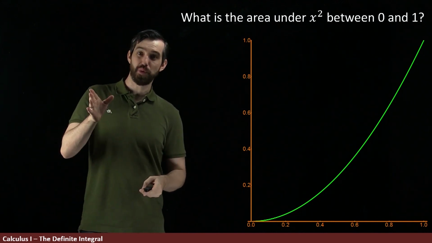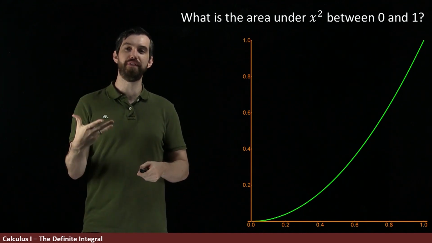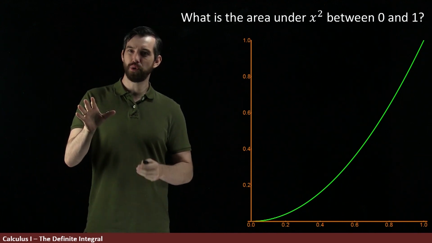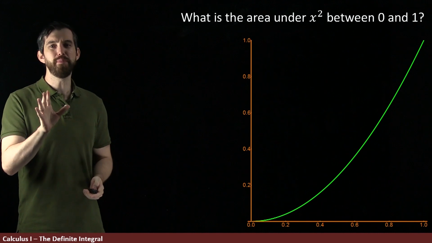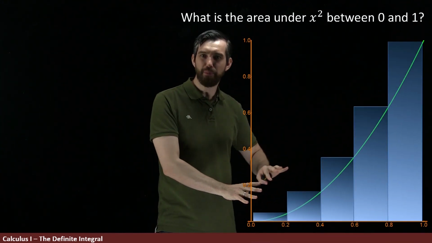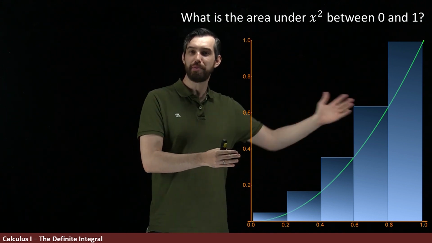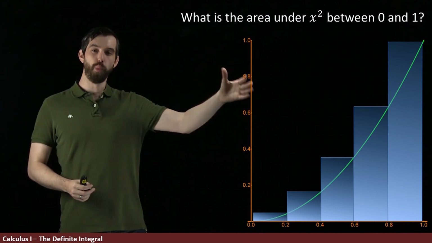Now the integral is going to answer many different questions, and this is just one of the foundational ones that we're going to use, in fact, to define the notion of the integral. What I'm going to do first is give you a relatively crude approximation. I'm going to put a bunch of rectangles that overlap with my curve. You see that I've divided my 0 up to 1 into 5 different regions, 0.2, 0.4, 0.6, 0.8, and 1.